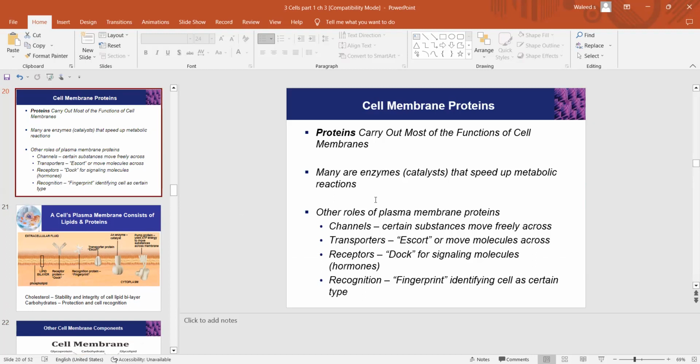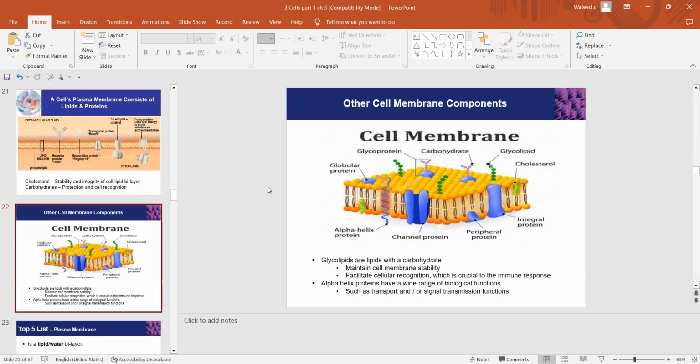Can I ask you a question? Sure. Going back to the other picture, why is the glycoprotein, when you pointed to it, the same as the carbohydrate, the purple? Because I see the combination of the blue and the purple. Is that what makes the change in the name to the glycoprotein? Yeah, this is a good question.